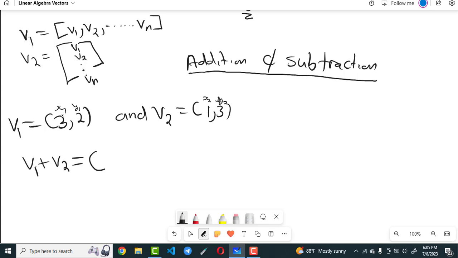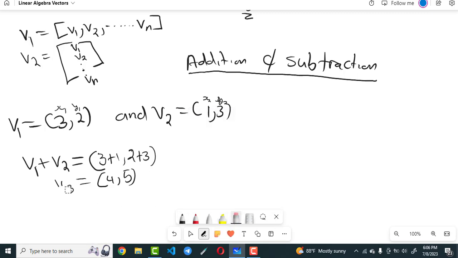So we add x1 plus x2, which is 3 plus 1. Put a comma to separate our coordinates. y1 plus y2, which is 2 plus 3. Finally, we have these 2 coordinates, which are 4 and 5. And these 2 values represent a new vector. We can call it vector 3. So it gives us a new vector.